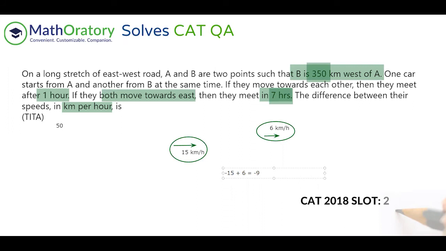So the gap between them. When we talk about relative speed, it's essentially the gap that we consider between any two objects. So the gap is going to reduce by 9 km every hour.